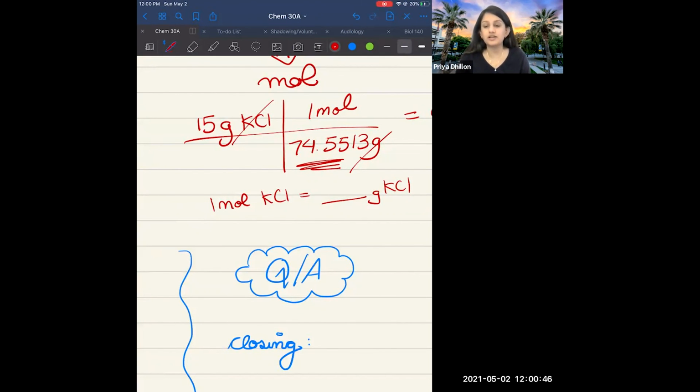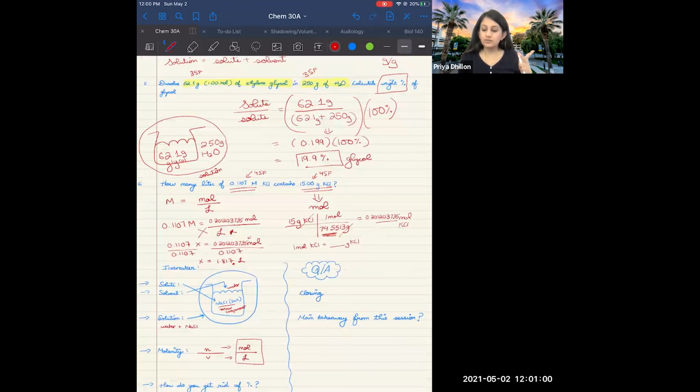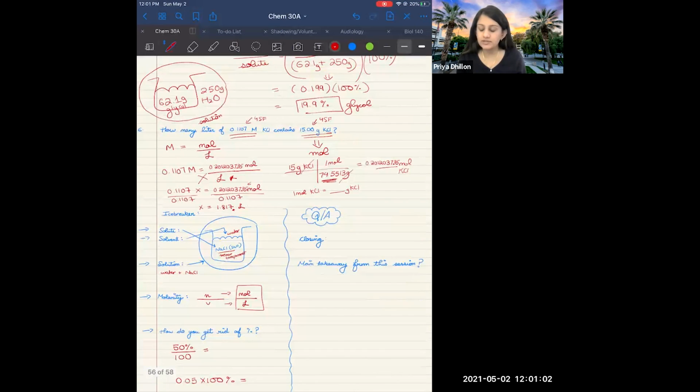So those numbers can cause a difference, but make sure you stick to your molar mass. I don't know if this molar mass is from the periodic table, but we can discuss this on Wednesday as well. We'll do a lot of these kinds of problems. And we'll go into KC expressions, all of that kind of stuff next week.